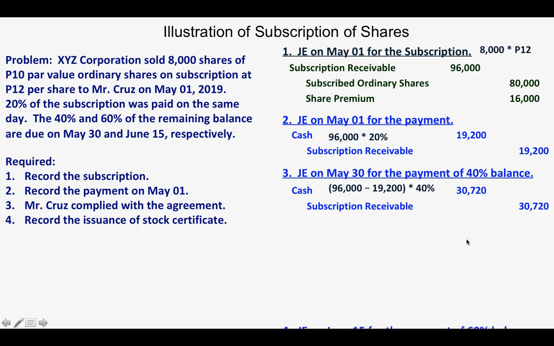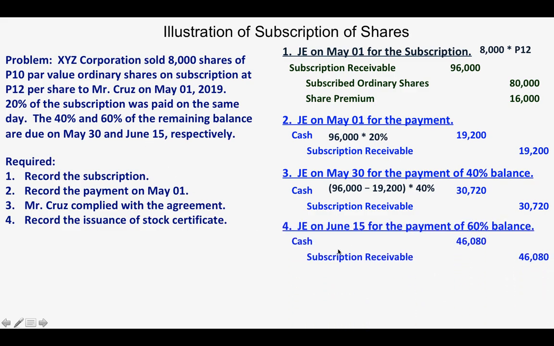And next will be the journal entry on June 15. On June 15, it will still be 96,000 minus 19,200, and the remaining balance for the full payment is 60%, so that will be 46,080.